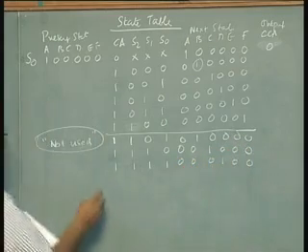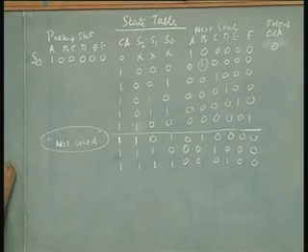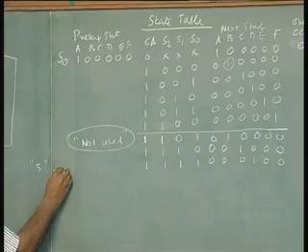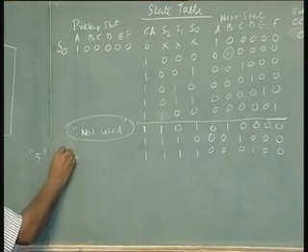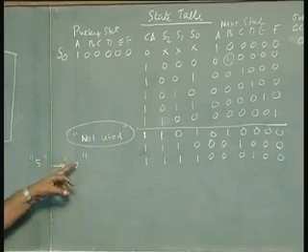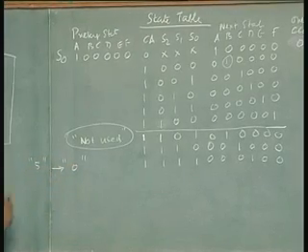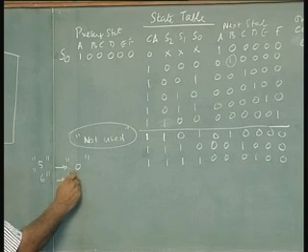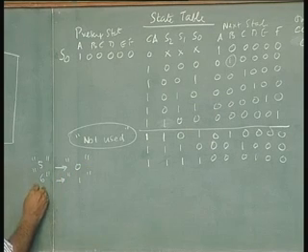That means if I make a 5 combination, same output as 0 will come. 0, 1, 2, 3, 4, 5 will give you the same output as 0. If you make a 6 combination, it will give you same output as 1 combination.